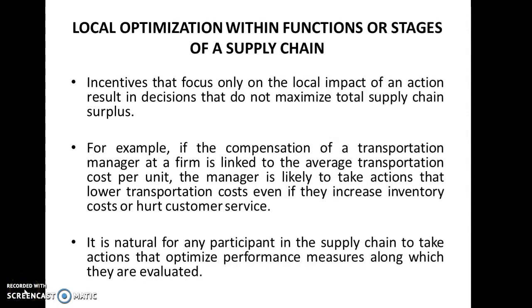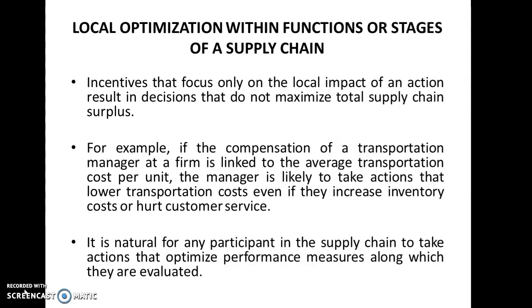Local optimization within functions or stages of a supply chain. That is, the optimization takes place in a particular stage. It may be good for the particular stage locally, but it may affect the total performance of supply chain system in total.